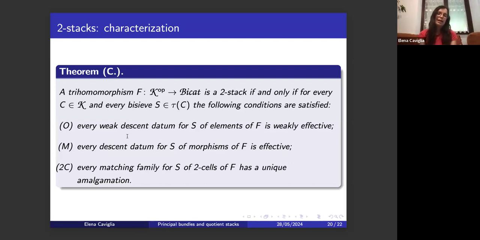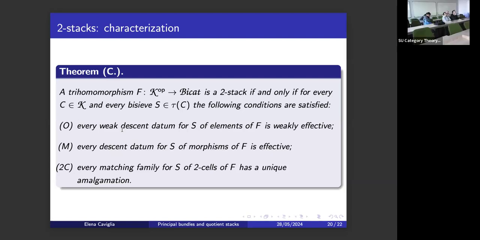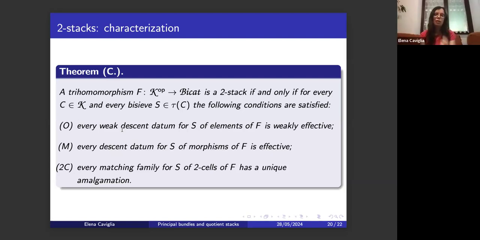And again, the notion of descent datum involves equivalences instead of isomorphisms. And these equivalences need to be coherent, need to satisfy some compatibility conditions with respect to composition and identities.